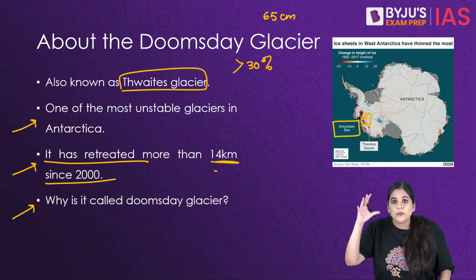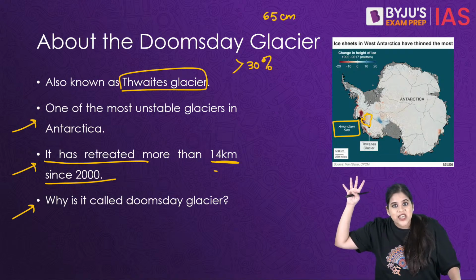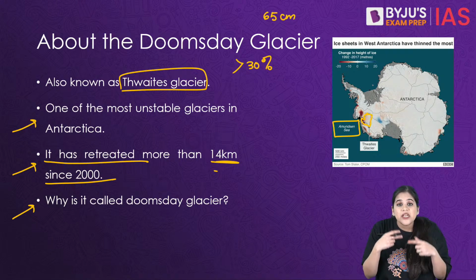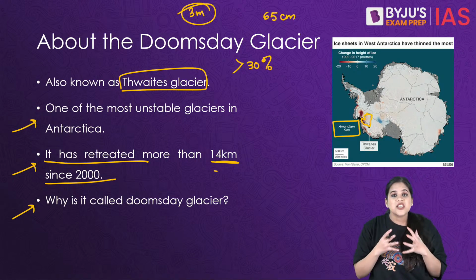The glacier is damming these lakes right now. If this dam is removed, these lakes will rapidly start flowing into the ocean too, and this will lead to an increase of 3 meters in sea level.